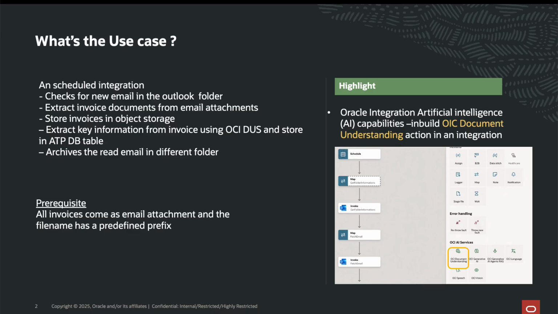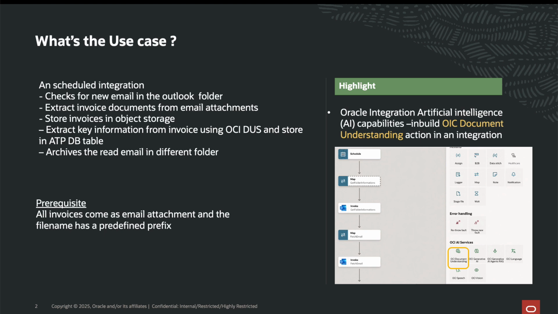Of course, you need to have certain policies in place, and we will talk about it when we do the walkthrough. In this solution, I am using this OIC Document Understanding action, and it lets me use the pre-trained document understanding model, right? And the pre-trained model as of now supports invoices, receipts, driver licenses, and passports, right?